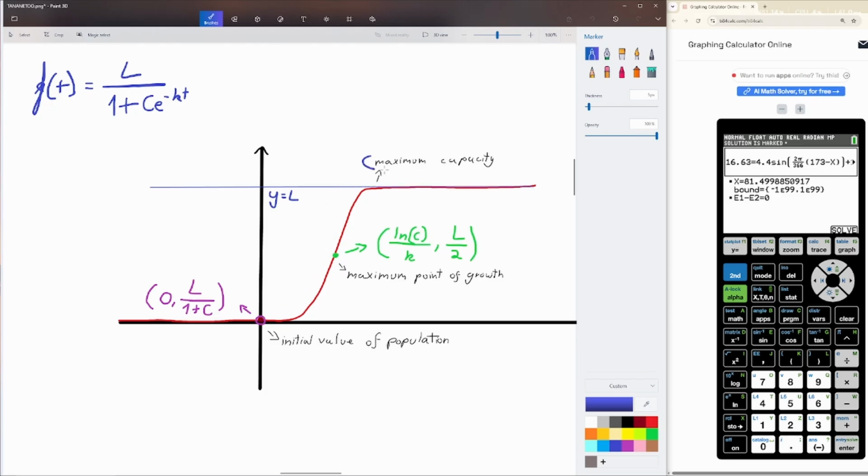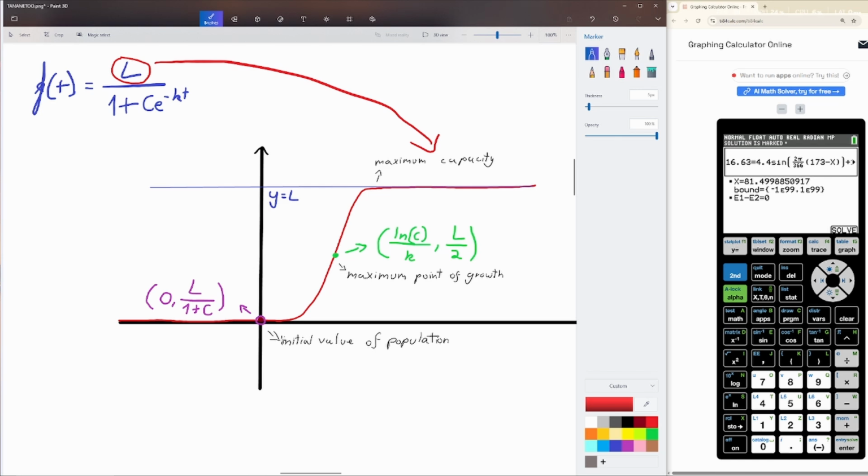So this is the maximum capacity, and you always have to know that the maximum capacity is just L. If someone asks what is the maximum capacity of the bears in the forest, and you have your L given, then it's obviously L. And also y is equal to L over here as well, to show you that this is the maximum.